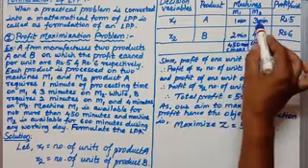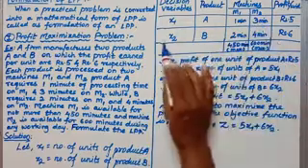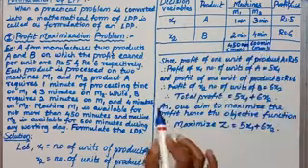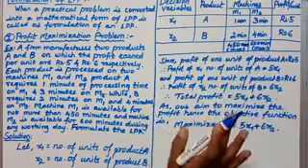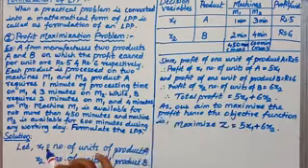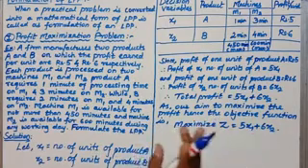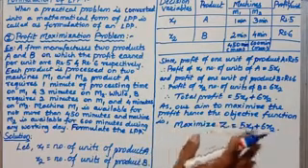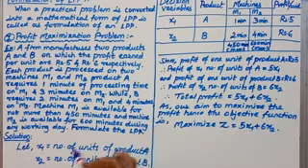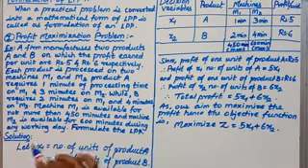Similarly for M2, 3x1 plus 4x2 less than or equal to 600. And obviously, as x1 and x2 are numbers of units, they can never be negative, so these are always greater than or equal to 0.